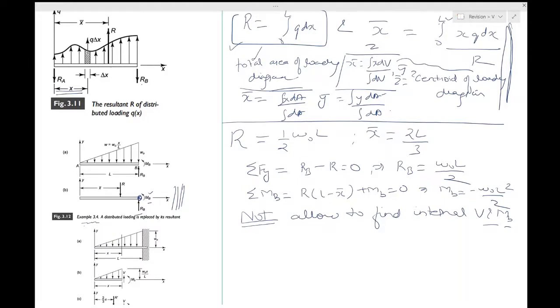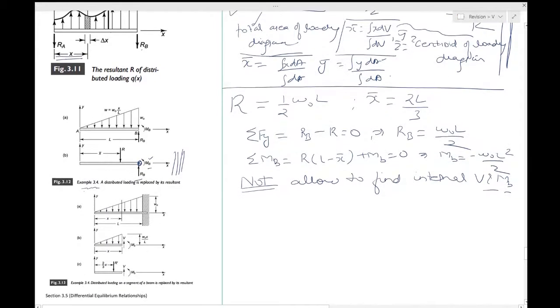So within the beam, you cannot do this using the resultant of the distributed loading. But just like last time, you always have a way around it. You can't do it for the internal forces and moments, but you can do it for the external ones.